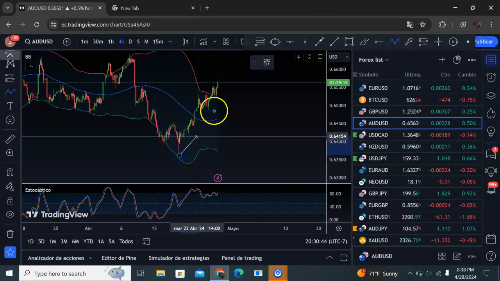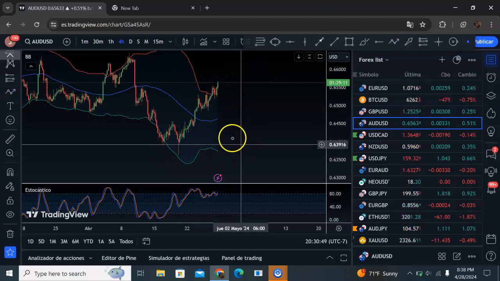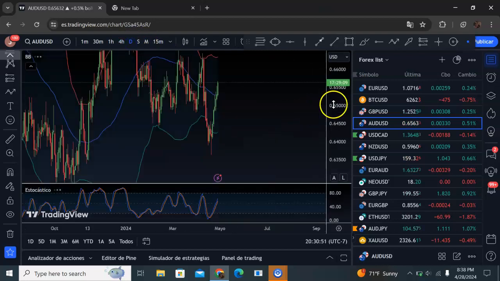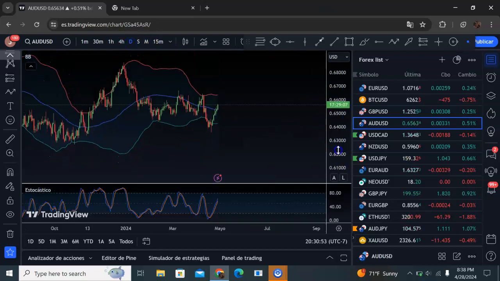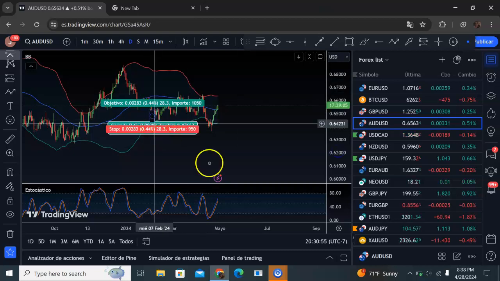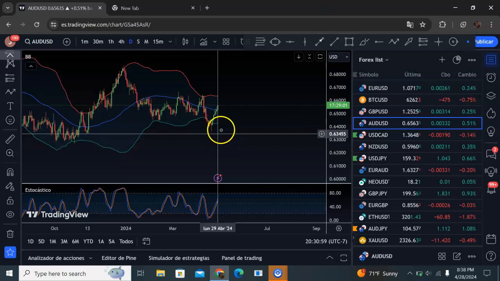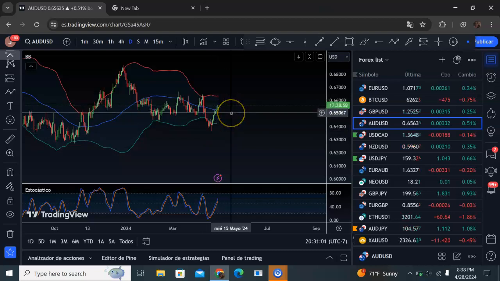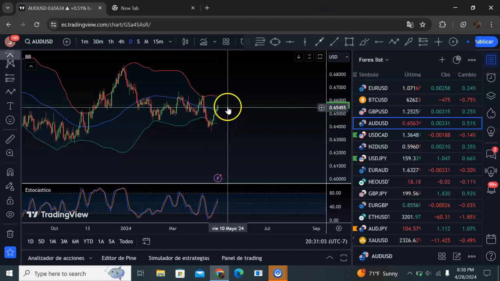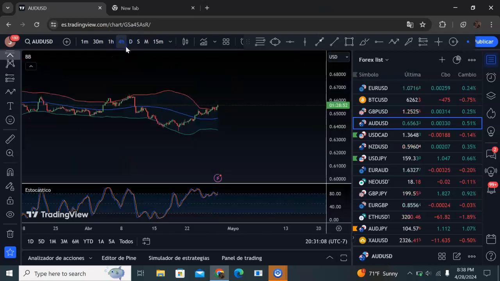I don't see a real retracement yet on the 4 hours. So the daily, we have a clear downtrend. We have broken structure at this point, retracement, broken structure. So I like this to maybe go a little bit higher, but not too much in the daily. This can still go higher, obviously.